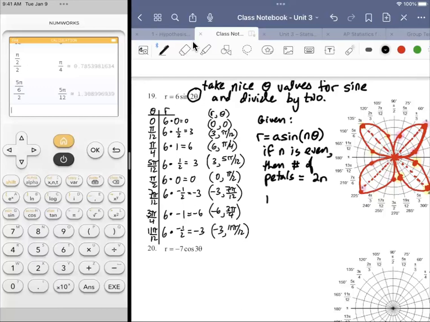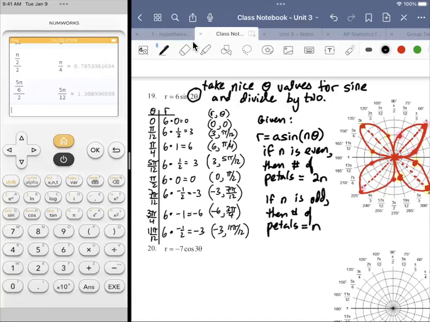As it turns out, if n is odd, then the number of petals is equal to just n itself.